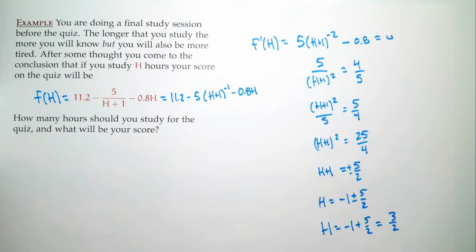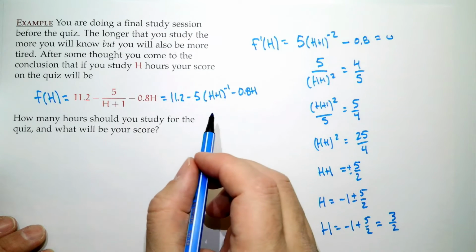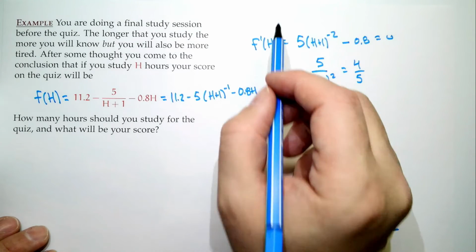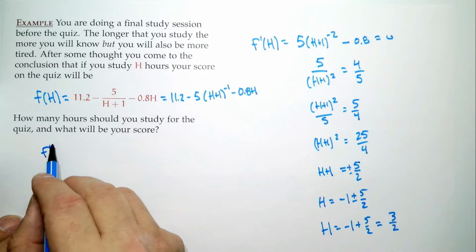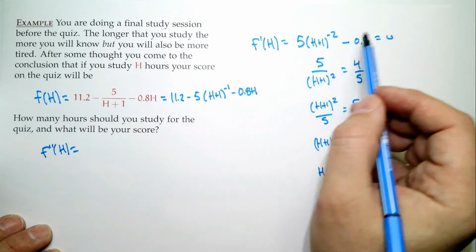Is this a max? Can we figure that out? What can we do to test? We can do a second derivative test. Second derivative test is not so bad. How about f double prime of h? What does that turn out to be? Well, the negative 0.8 goes away.